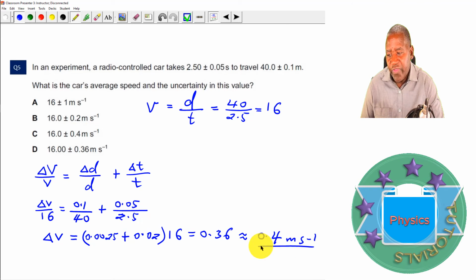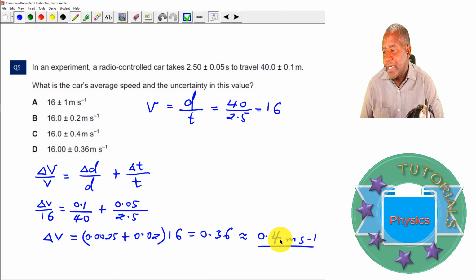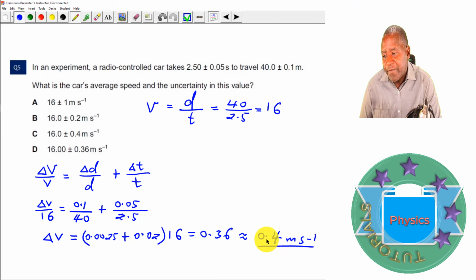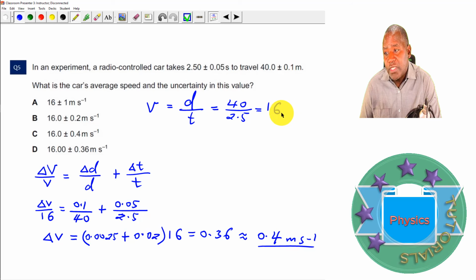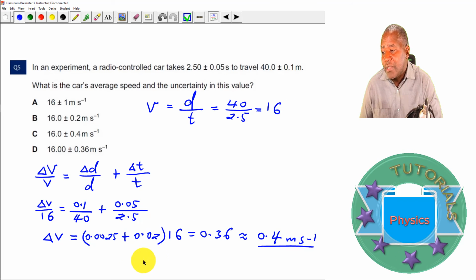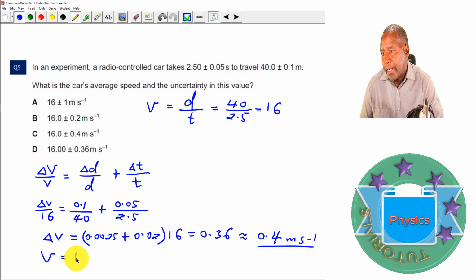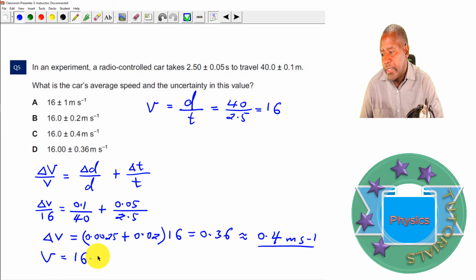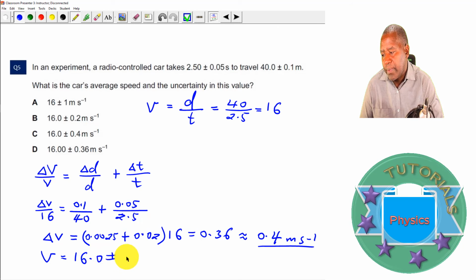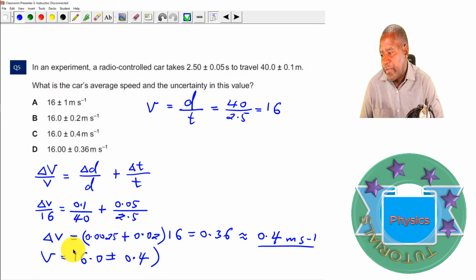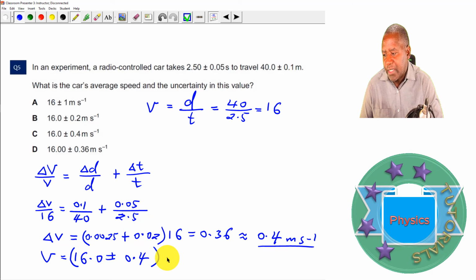And it is the way this one is written that dictates how 16 should be written. Because it affects the first decimal of this number, I've got to write V equals 16.0 plus or minus 0.4, everything in meters per second.